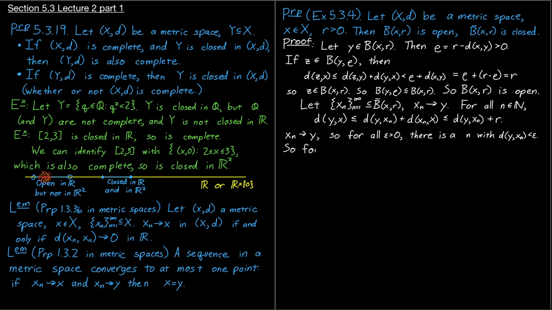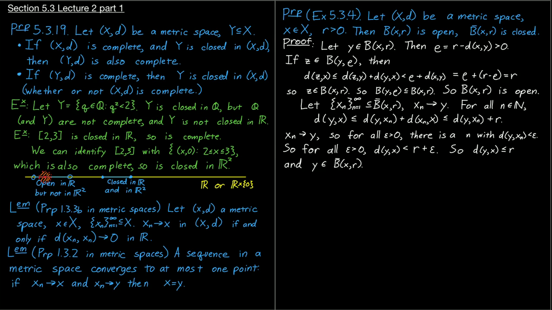So for all epsilon greater than 0, the distance from y to x is less than r plus epsilon. The only way that can be true for all positive epsilons is if the distance from y to x is less than or equal to r, and that's exactly what it means for y to be in this closed ball.